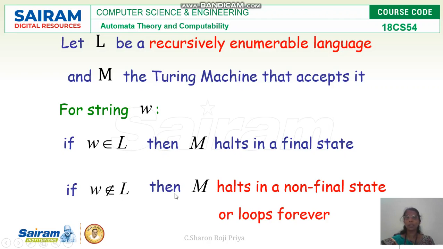Moreover, my Turing machine either will halt or will enter into an infinite loop. Either it halts in a non-final state or loops forever. So a recursively enumerable language doesn't know how to handle invalid input. If I give an invalid input, it will enter into a loop.